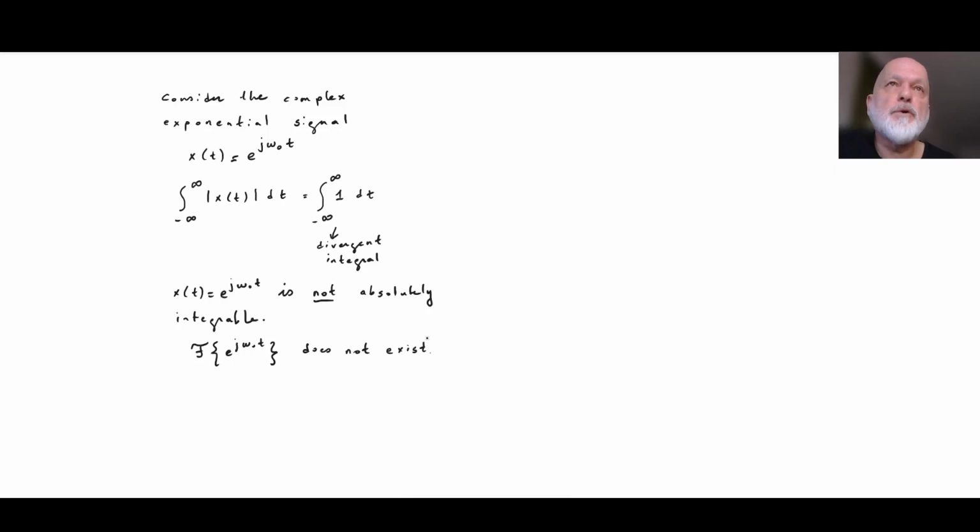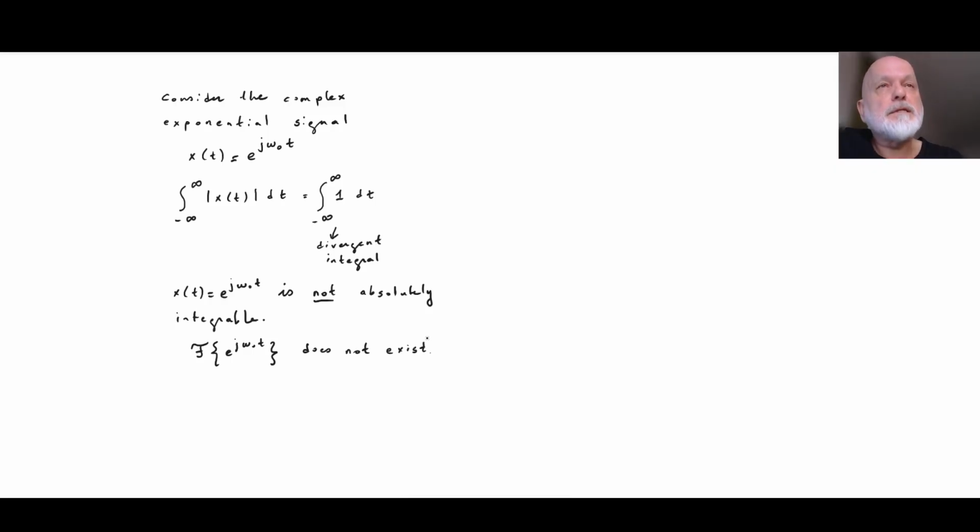The Fourier transform exists provided that the magnitude of X of omega is always finite for all frequencies. Therefore, in this case, we will not be able to find a Fourier transform which has a finite or bounded magnitude for all frequencies.